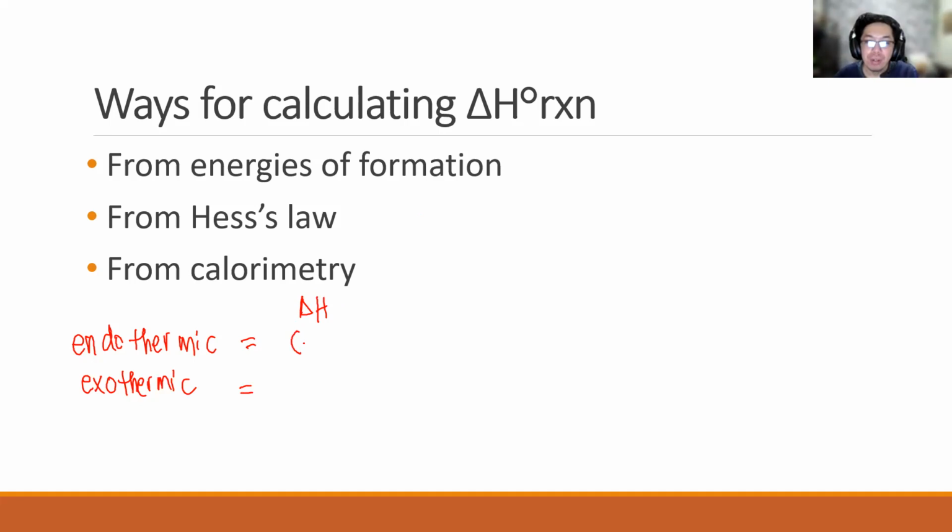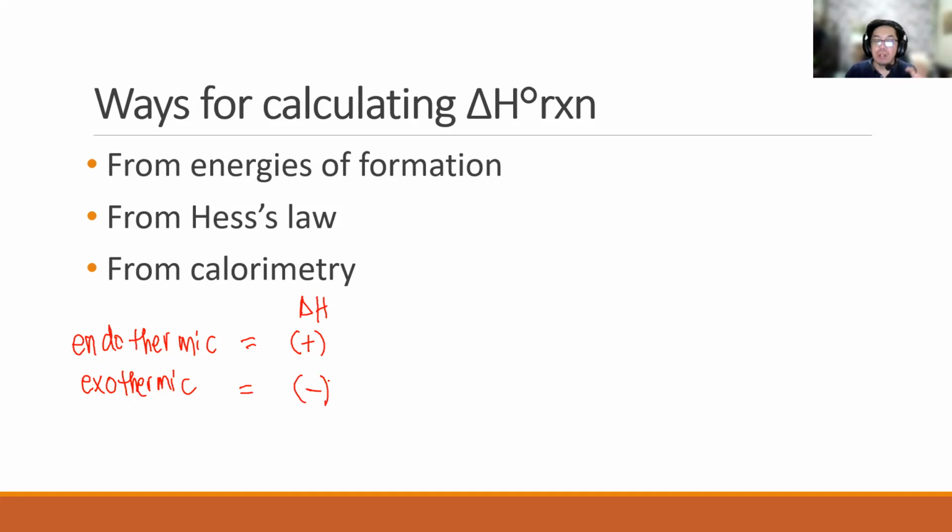Very good. So this is positive, while for exothermic, of course, this will be negative. So please take note, Josh, the sign of your enthalpy will help you decide on the type of reaction, whether it is endothermic or exothermic.